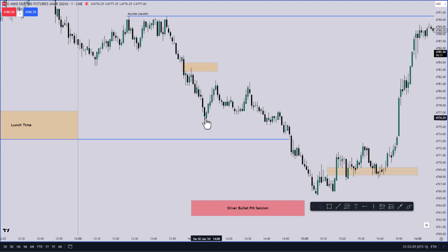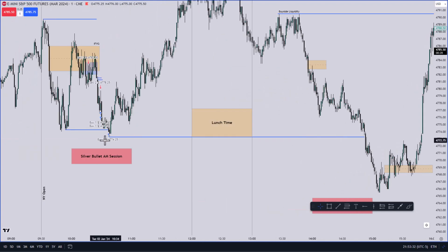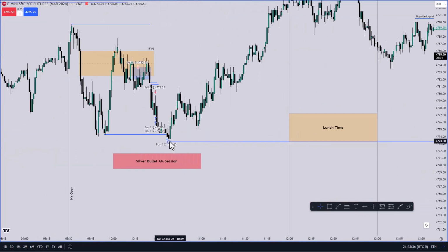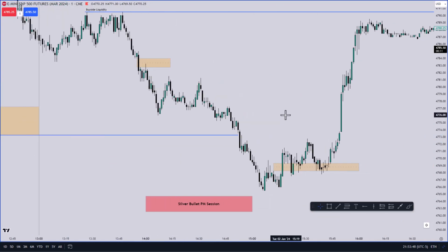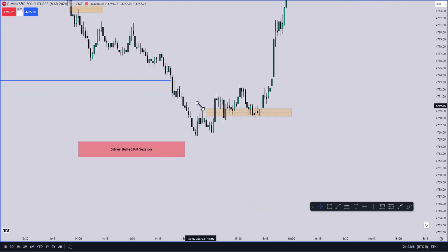Maybe aim for 5 handles, or you could have aimed for the AM session low, which is down here at 1038, the low being at 4773.25. It reached it right there, 4773.25. Could have done that trade.